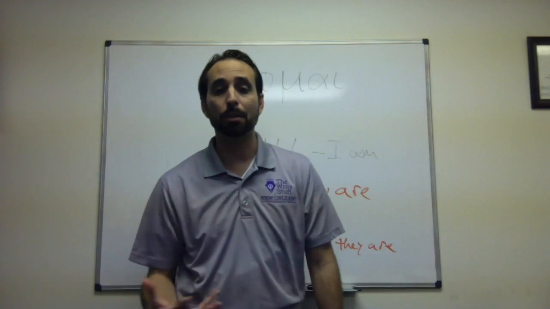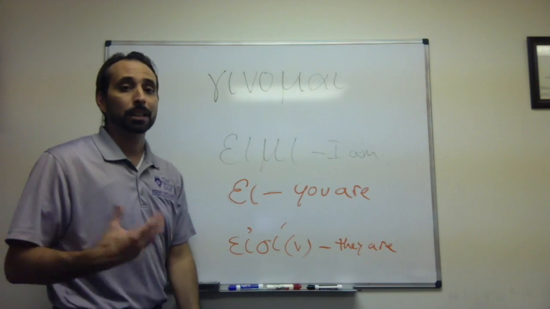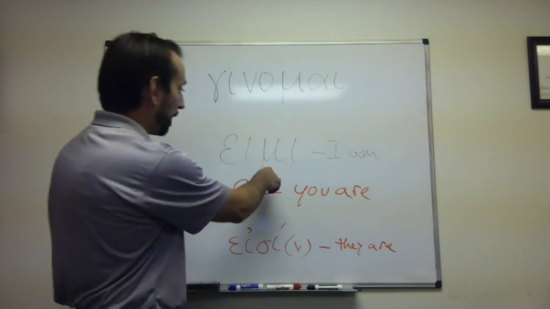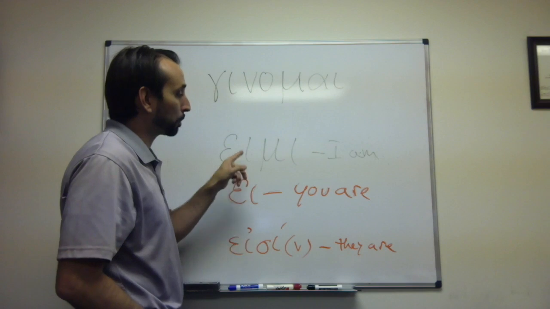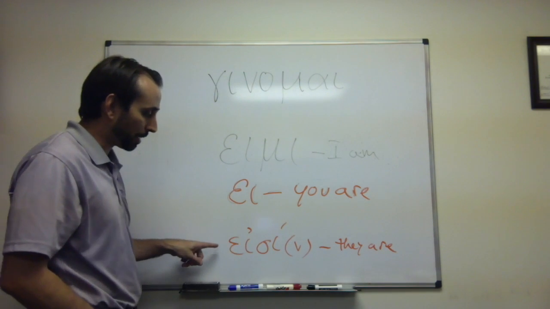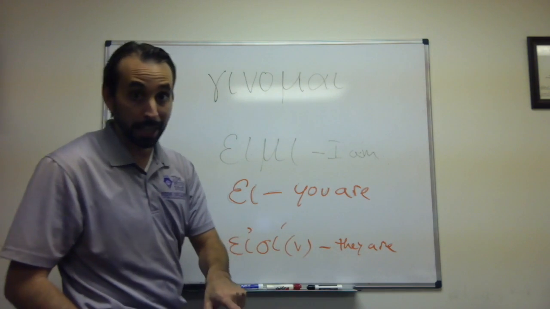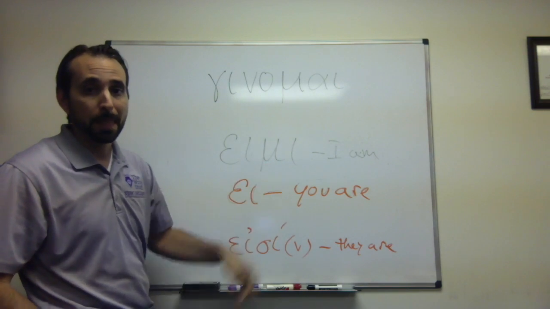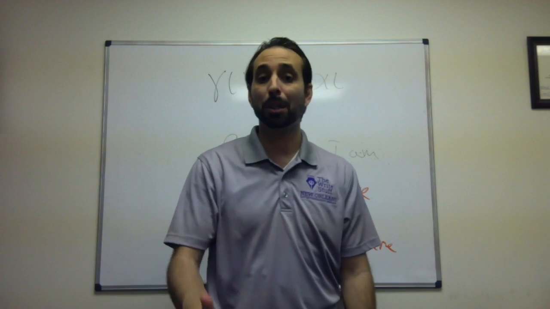Here's the other thing. When you locate an eimi verb or a copulative verb, whether it be ginomai or eimi, you need to know that there is no voice to this. So if I were to locate eimi, I would say this is a present indicative first person singular. If I were to locate eisin, I would say this is a present indicative third person plural. They are from eimi. That's the lexical form. Now, why doesn't it have voice? Because voice is an aspect of transitive verbs only.